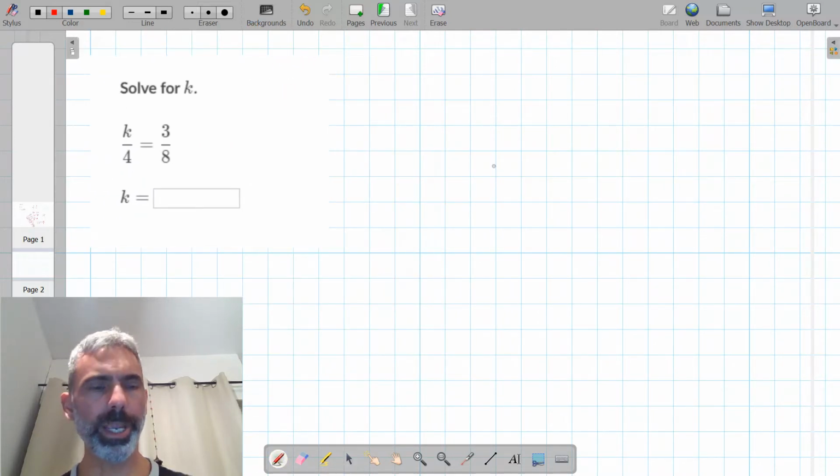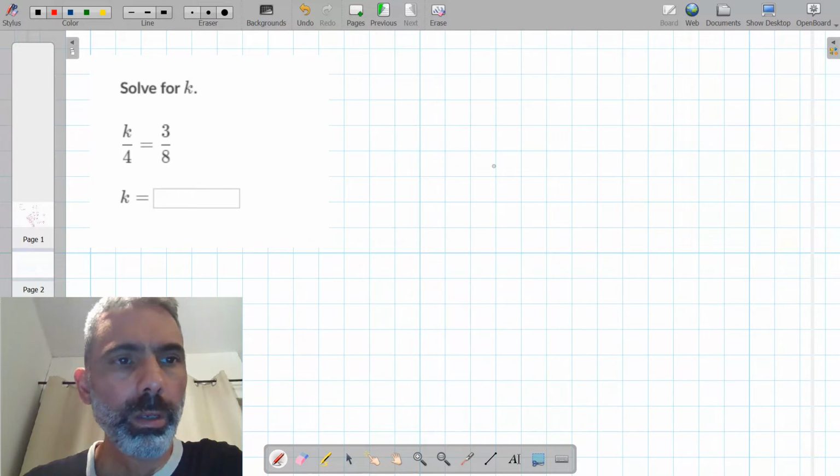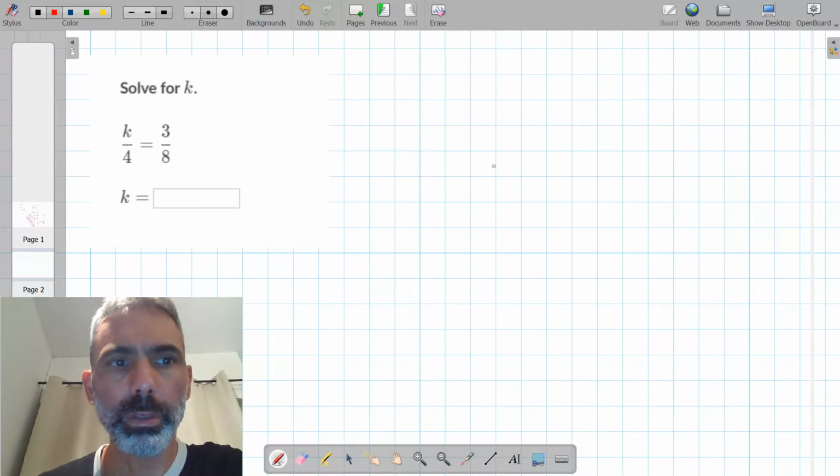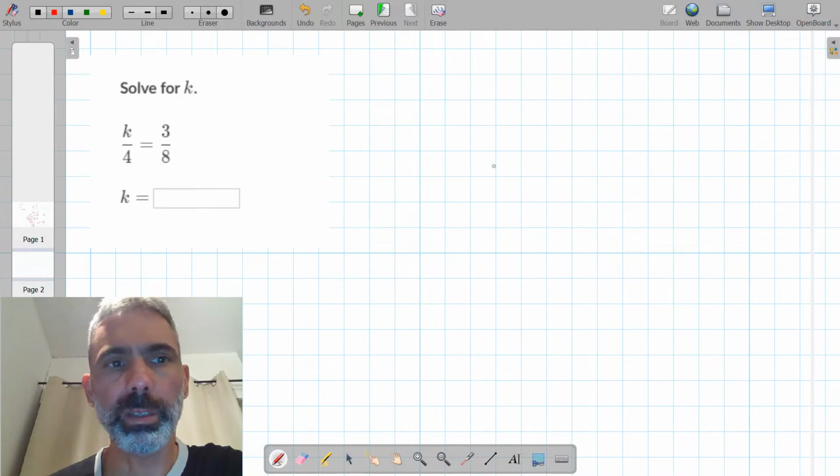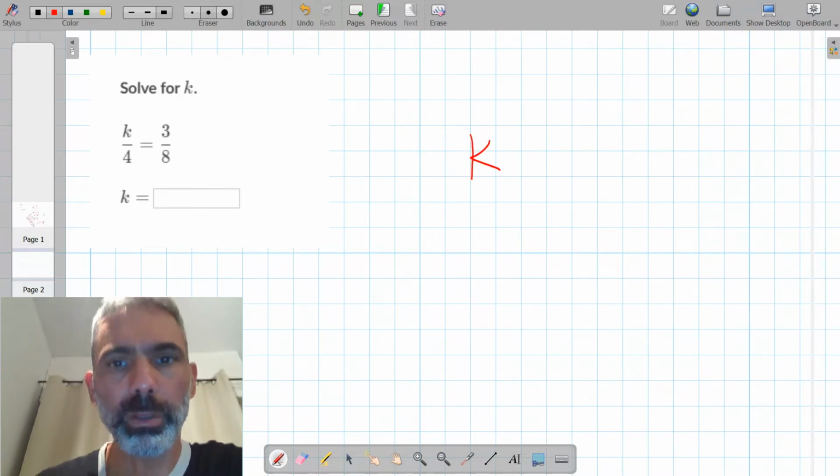Solve for k. Okay, why do we cross multiply to solve for k when we have one fraction on the left side of the equation and another fraction on the right hand side? We cross multiply because it's a shortcut.